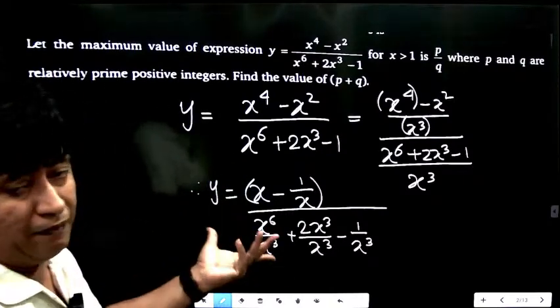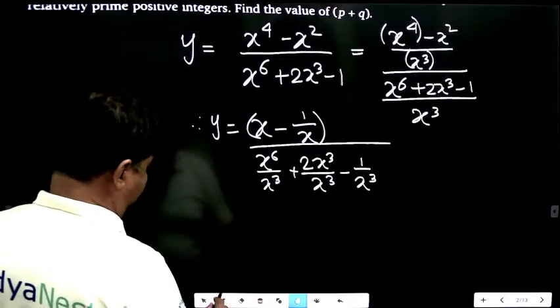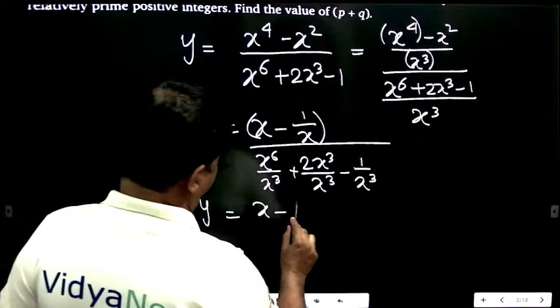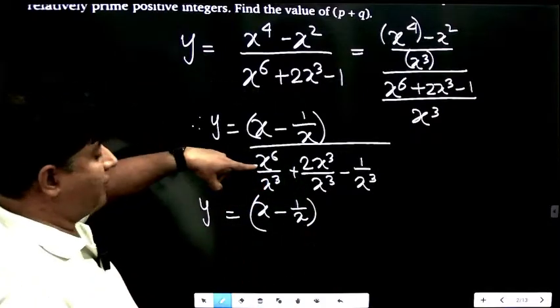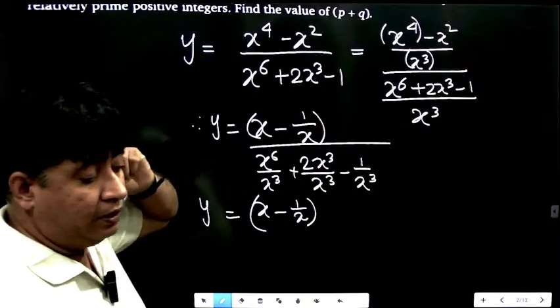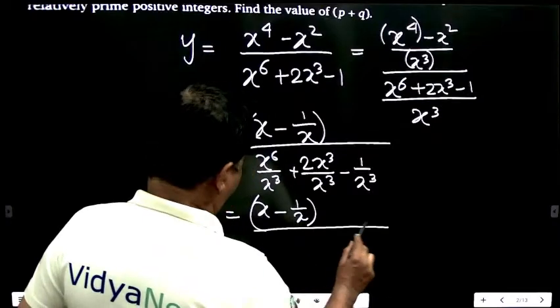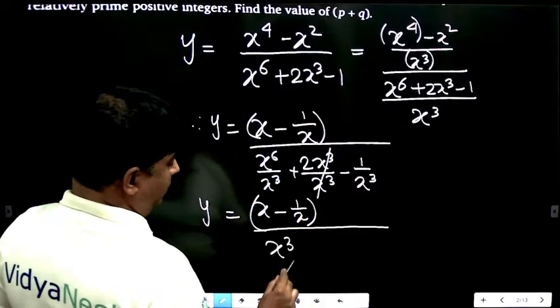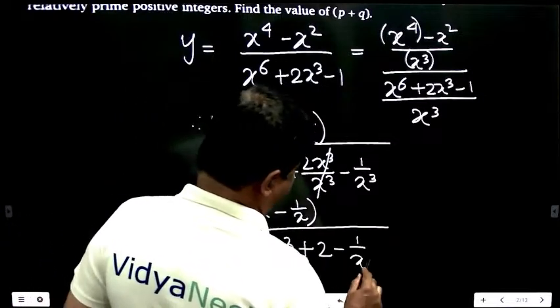Not so tough an approach that is. Now x to the power 6 by x cube, what will it be? This will be x cube. Okay, this will cancel, plus 2 minus 1 by x cube.